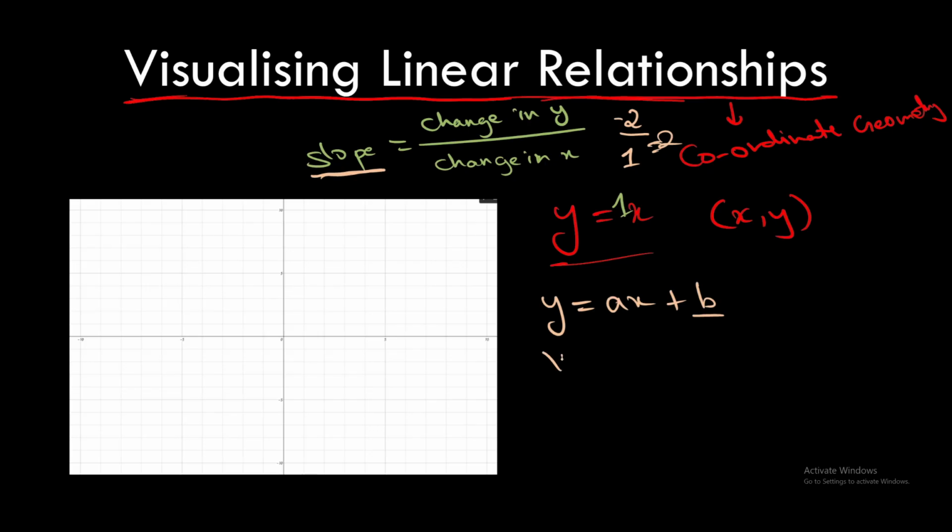So let us imagine y is equal to x plus 2. We are going simple. So on x is equal to 0, y is equal to 2. Our first point here. And on x is equal to 1, we can say that it is 1 plus 2, which is 3.